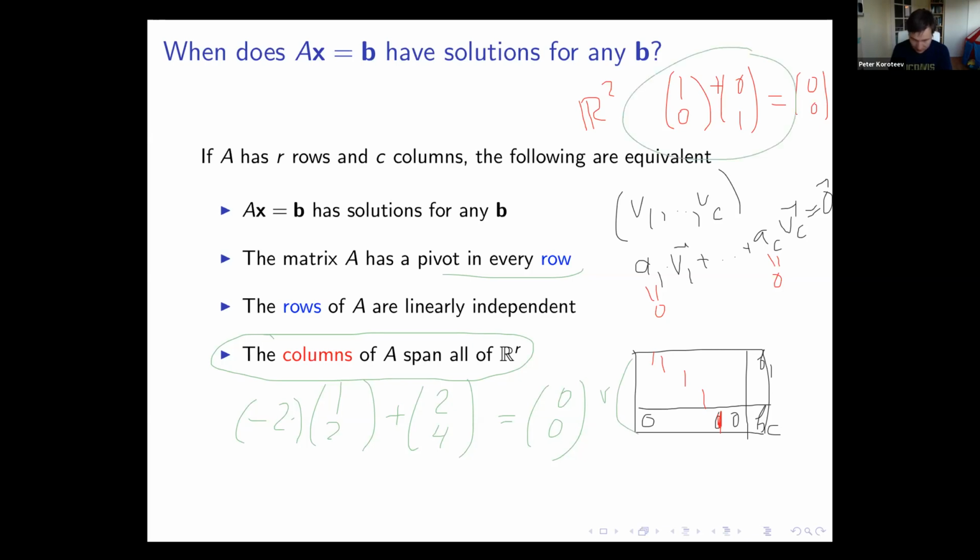When you go to the pivot form, we only have to take care of pivot columns, right? And all pivot columns will have the form 1, 0, 0, 0, then 0, 1, 0, 0, and so on. So there will be R vectors such that there is one at one of the places and only one for that vector, and zeros everywhere else.